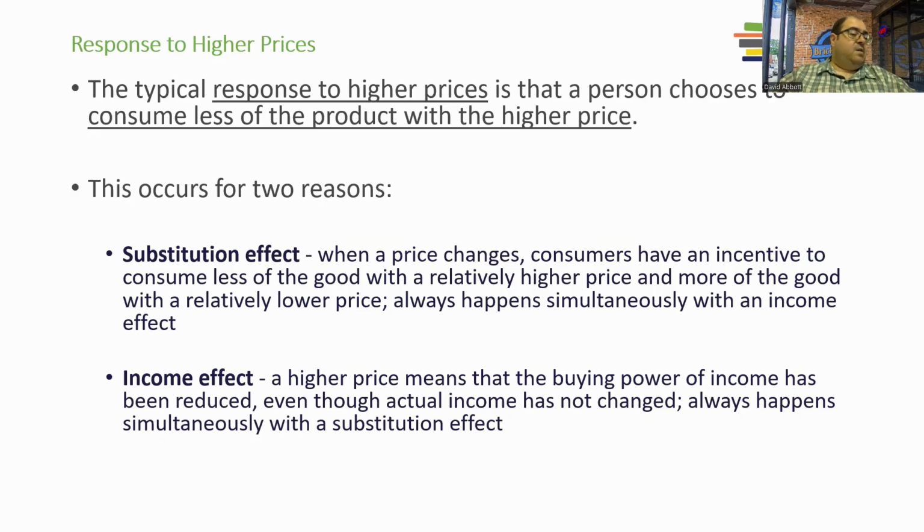The income effect is that a higher price means, in effect, the buying power of income has been reduced, even though actual income has not changed, which leads to buying less of the good when the good is normal. In this example, the higher price of baseball bats would cause Sergey to buy fewer bats for both reasons.